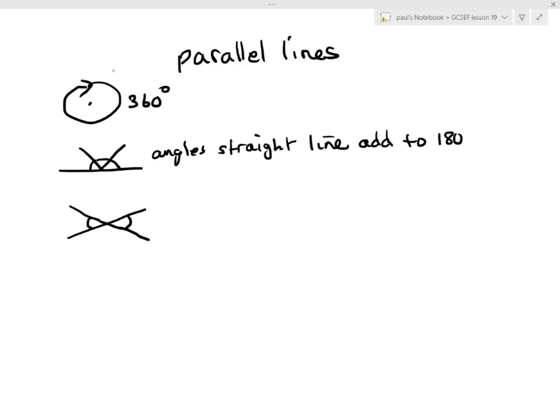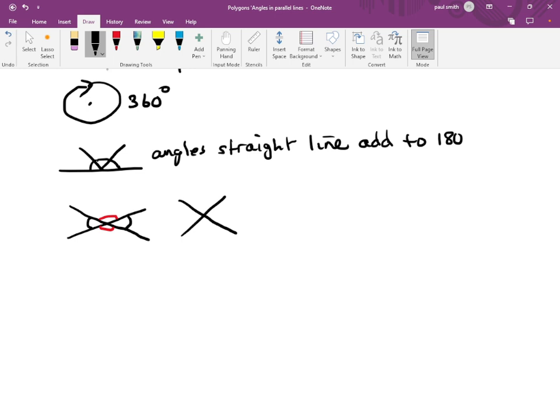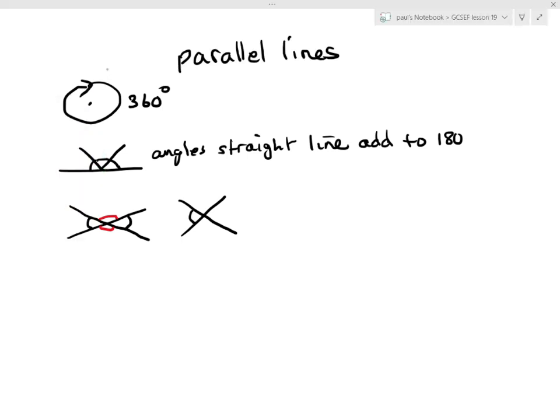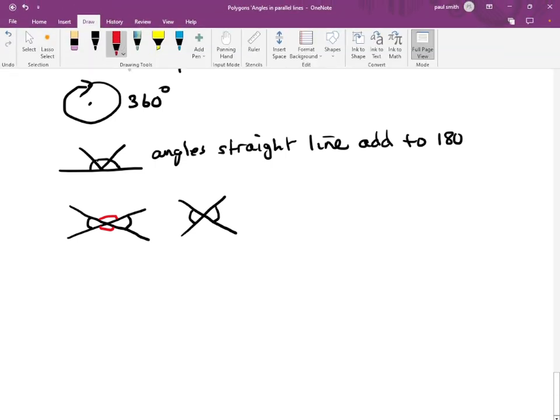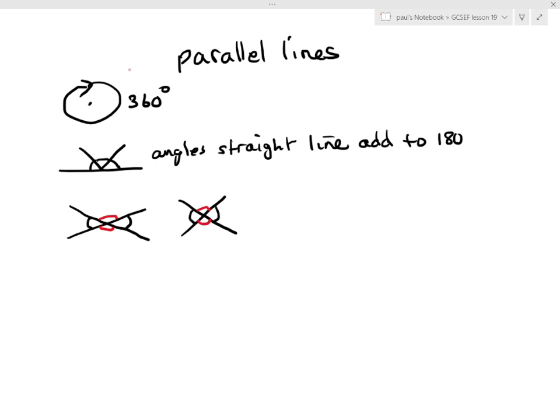And also, these angles are the same as each other, regardless of, if you imagine a pair of scissors and you're opening them up, it doesn't matter how wide or how small, the opposite angles will always be the same, and these are called vertically opposite angles. They are the same.